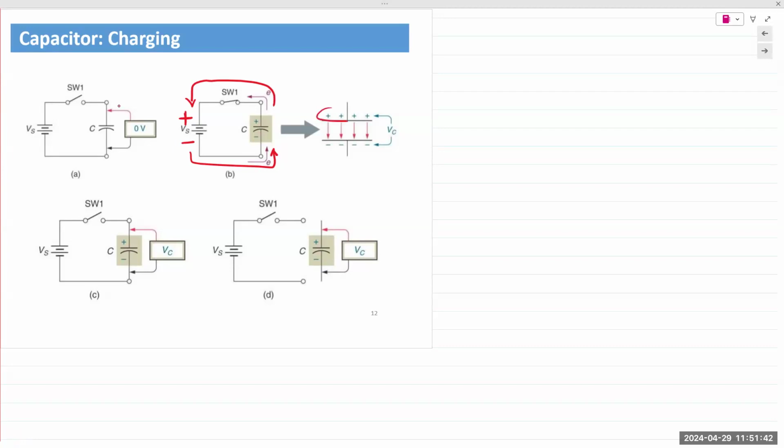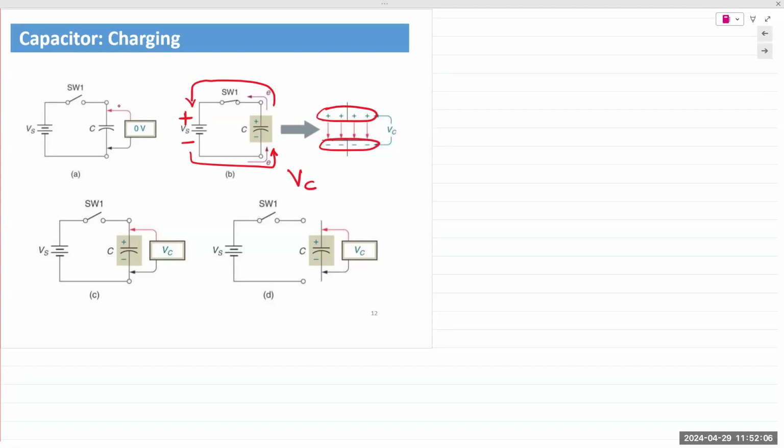Positive charges build up at the top plate, negative charges in the bottom plate, and they cannot cross over. If you measure the voltage across the two, you now get a voltage known as the capacitor voltage, VC.